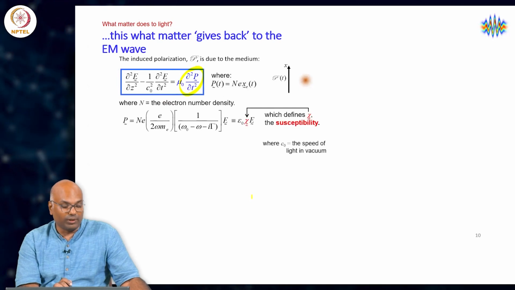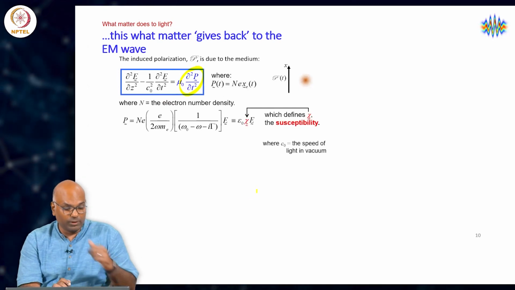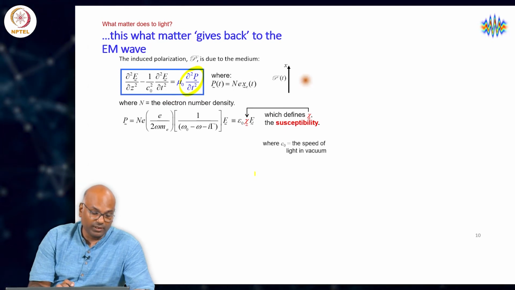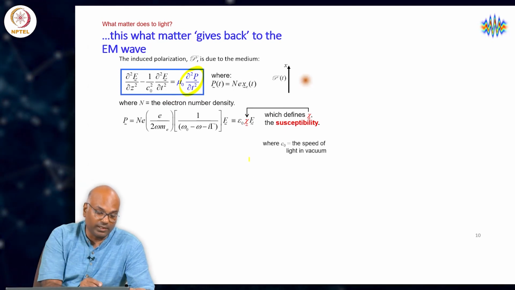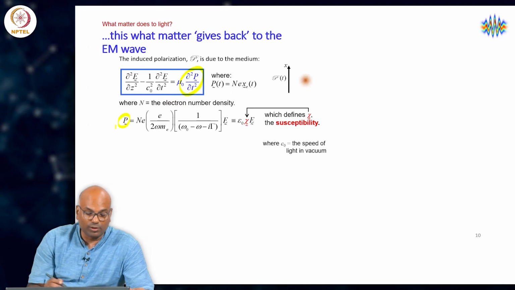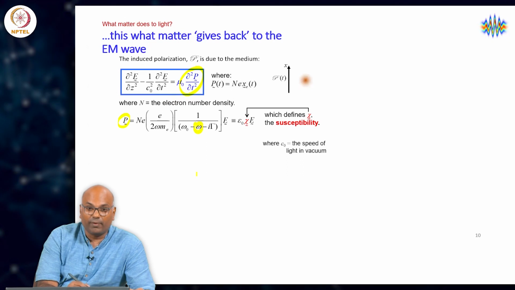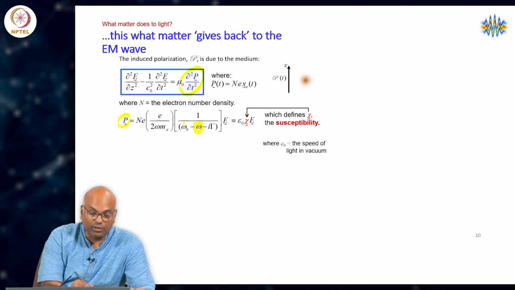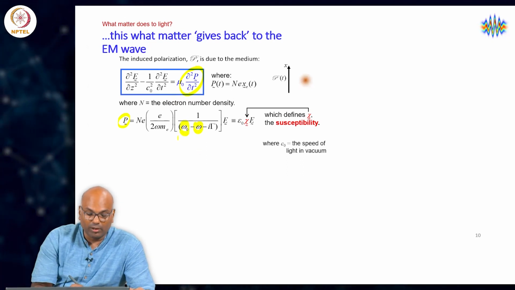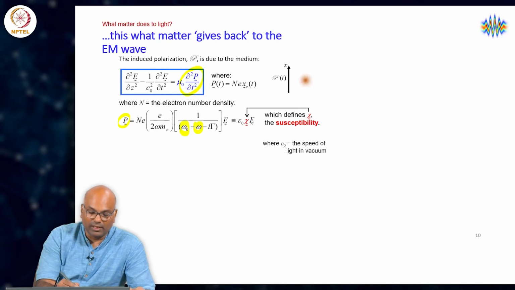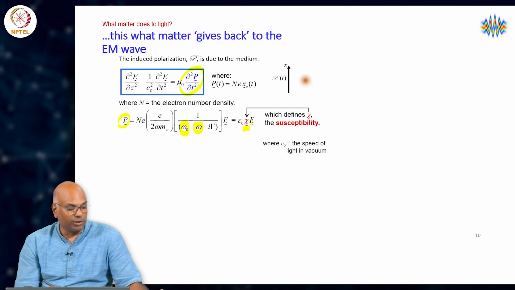We also looked at atomic response in terms of the Lorentz oscillator model, and figured that the atomic response, which underlies how P responds to incident frequencies omega about the natural frequency of the medium omega naught, is a function of this kind, and this is from where chi originates.